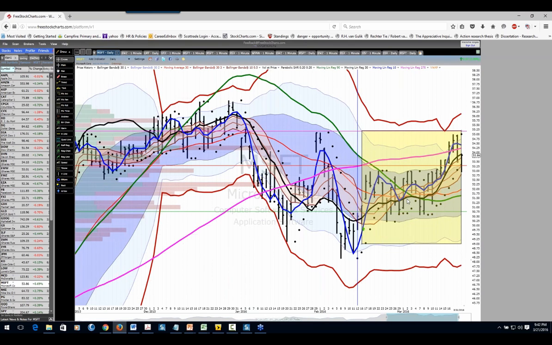Microsoft, our entry is here. Our stop was here. We're about 2R in hand. Oh, and I'm sorry, we hit our exit today, so I didn't notice that on my first look.